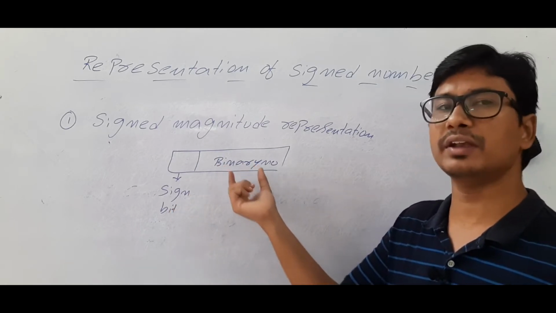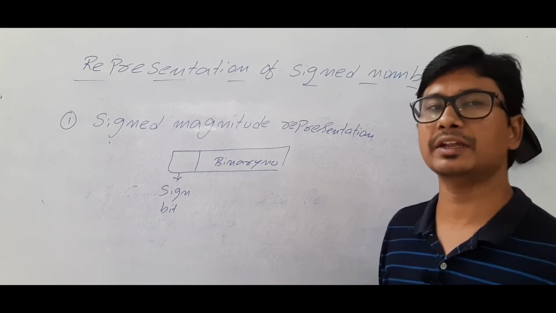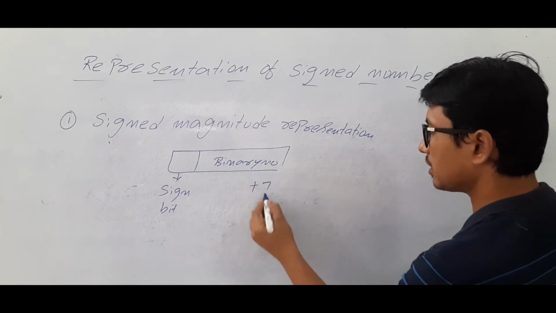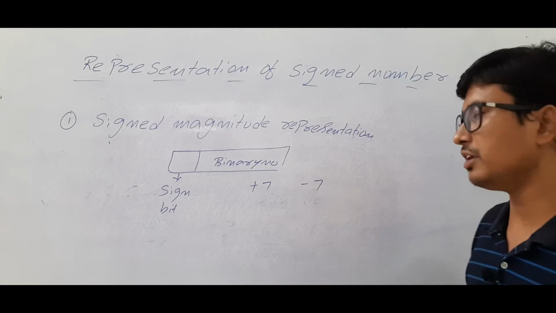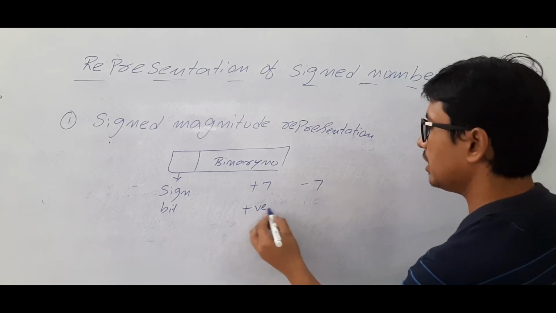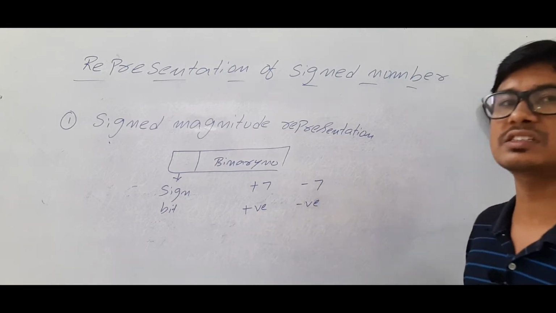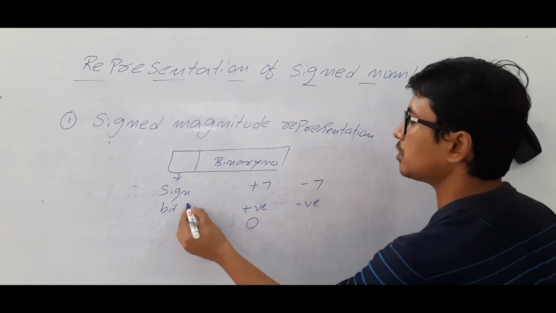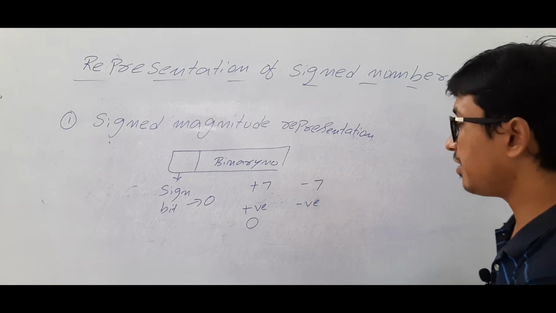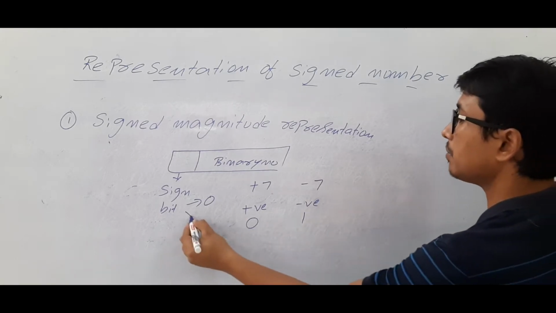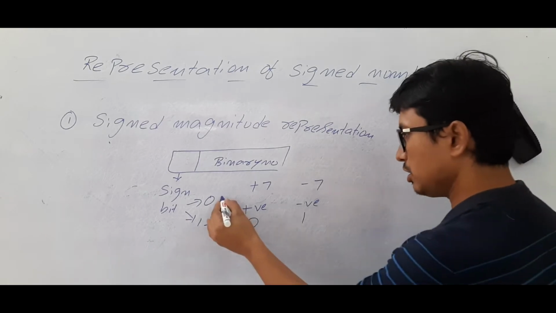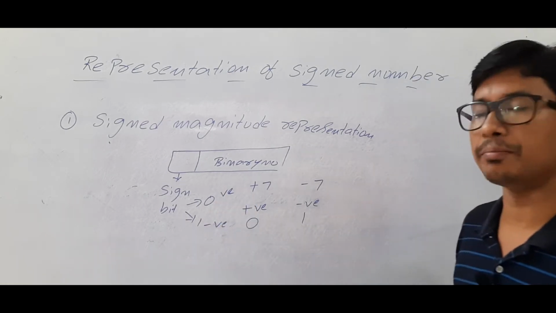If it is a 7, I have to convert it into a binary number. If it is a positive number, the sign bit will be 0. For a negative number, the sign bit will be 1. So 1 represents a negative number, 0 represents a positive number.